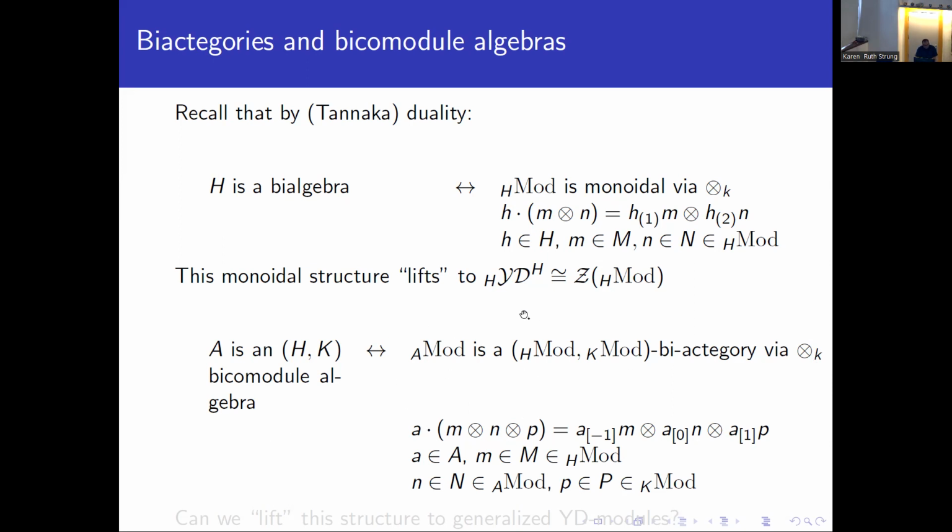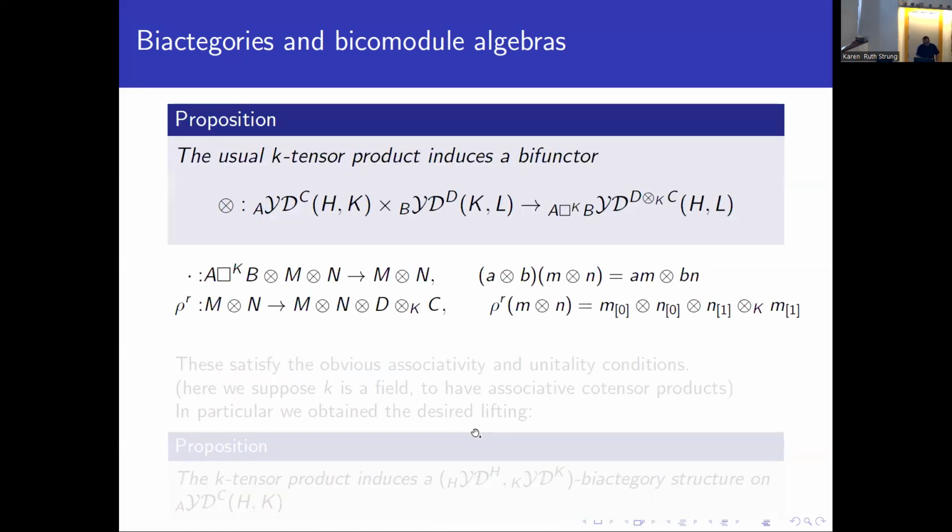So the question is how we define the center of A-modules in this case, or how to lift this structure to generalized YD modules. And to do that, we will need some kind of monoidal structure for the generalized YD modules.